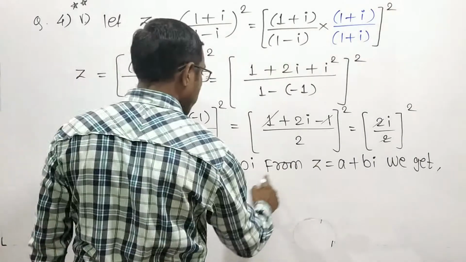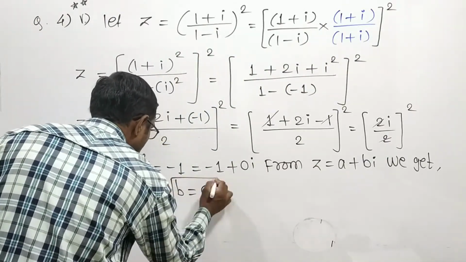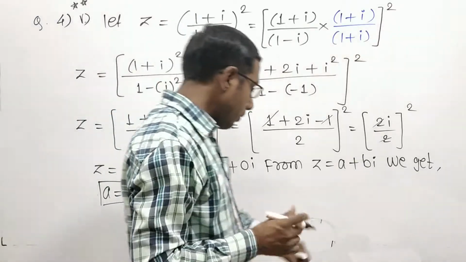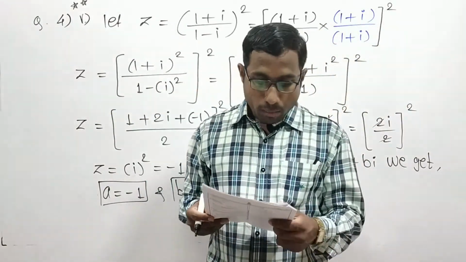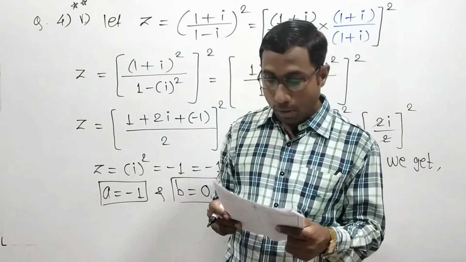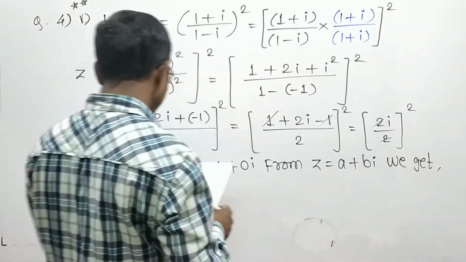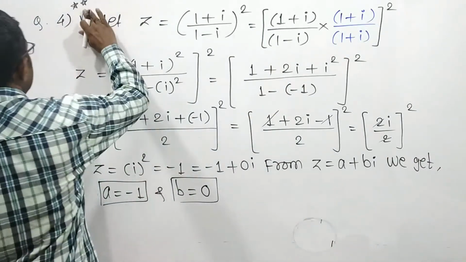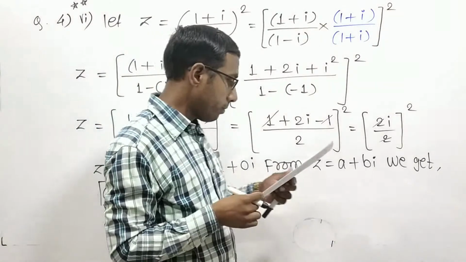What is b? b is the imaginary part, which is 0. Is it? So write it fast. This is the bit number 5 from this question. Next one, let's see bit number 6. Again it is an interesting bit from the same question.